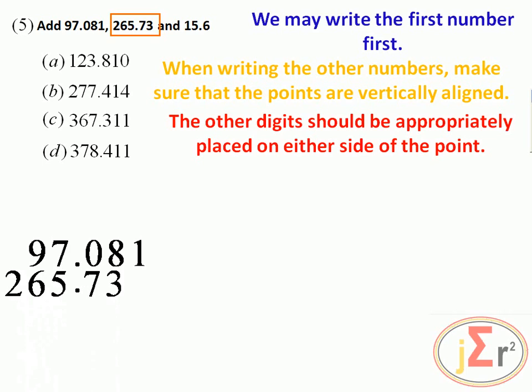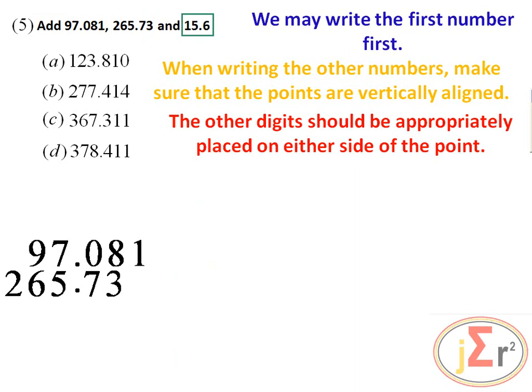We may also give consideration to place value, but for a problem like this one, paying attention to the decimal point will suffice. So the numbers are distributed properly on either side of the decimal point.